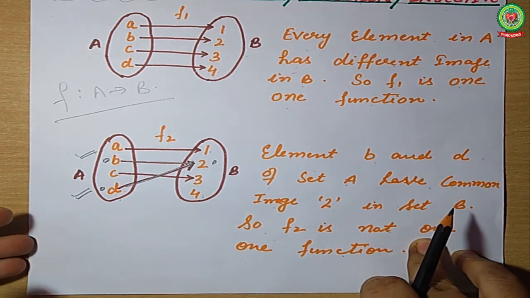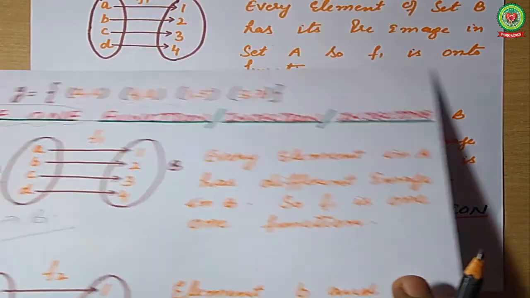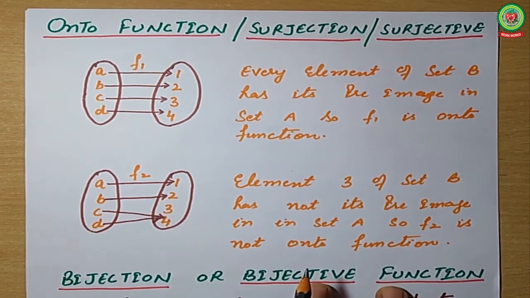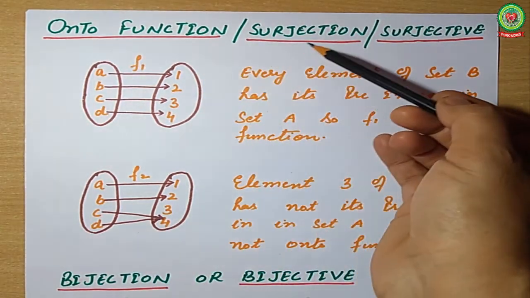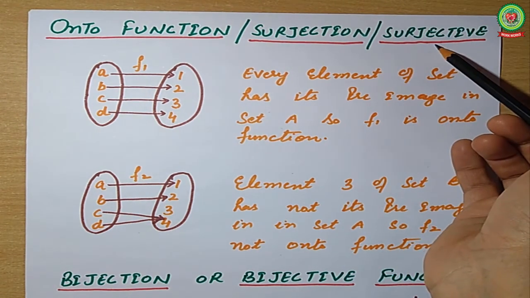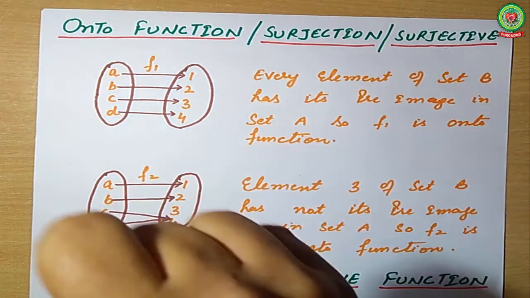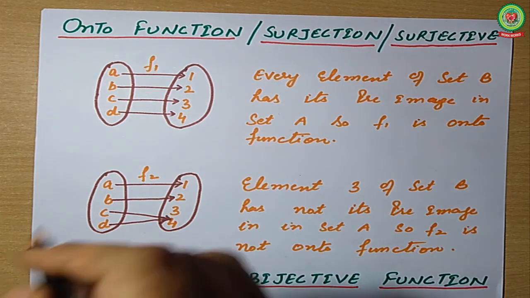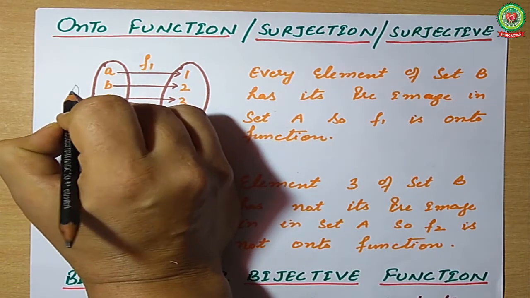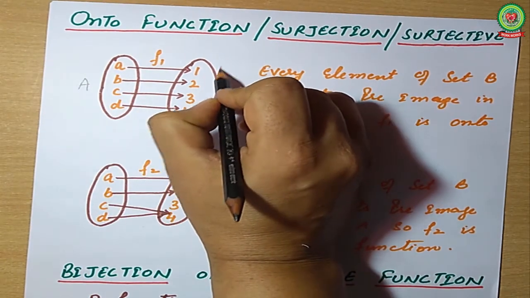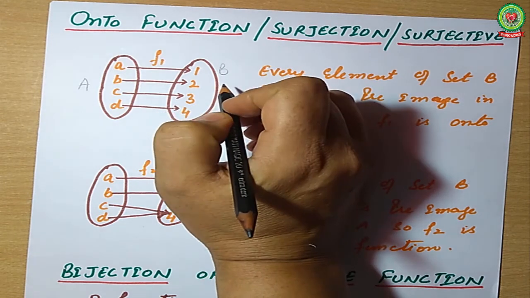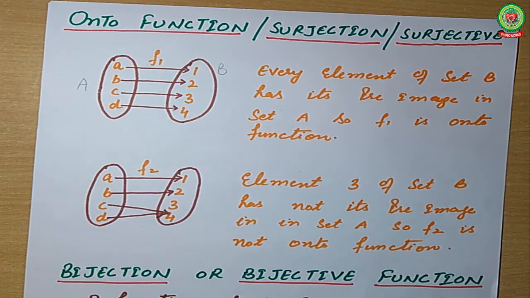Now the other one is the onto function. Its another name is the surjection or surjective function. Onto is the opposite. In one-one, we talk about the image of set A in set B. Onto means pre-image.